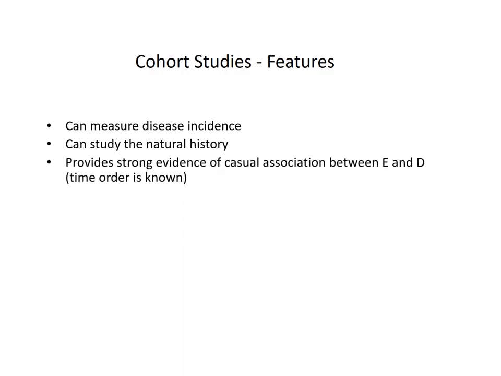Also, they provide strong evidence of causal association between exposure and outcome. In addition, they provide information on the time lag between exposure and the disease. So we have a time lag, we have this duration of follow-up in which the disease will develop.